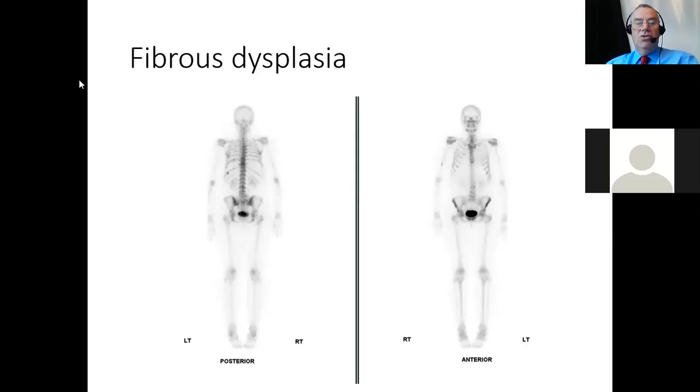This patient has also had a rib taken out, and there is some focal uptake related to surgery. So the rib that was removed was the primary site, and then there is the secondary site in the pelvis. But fibrous dysplasia can produce quite subtle changes on the bone scintigraphy.